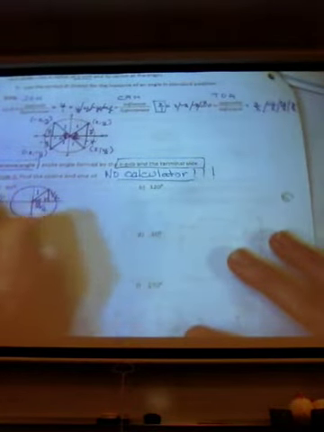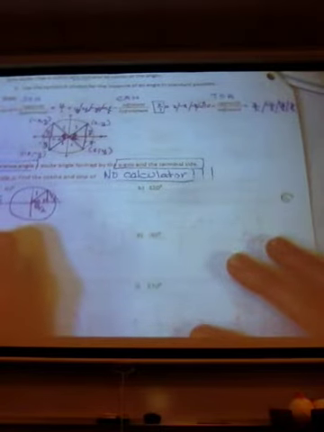So it is radical 3 over 2. On here, sine of 60 degrees is y. So it's 1/2. Questions?